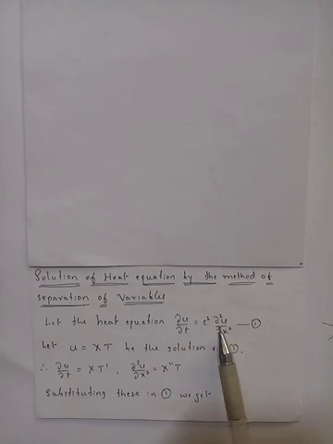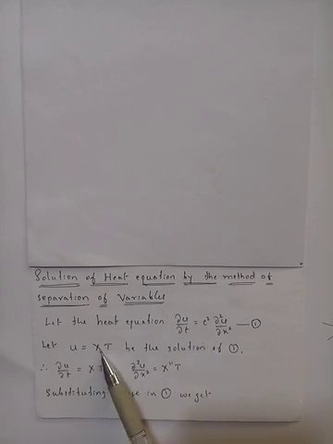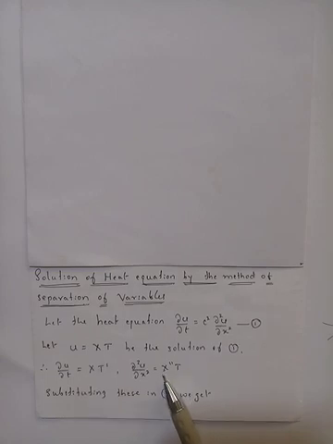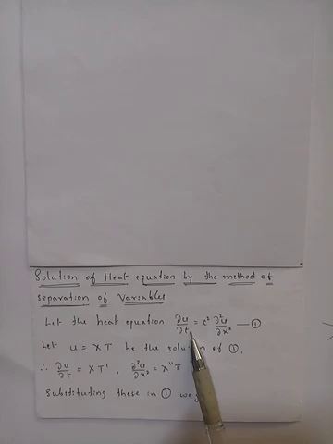Now we find the value of ∂²u/∂x². When we differentiate X two times, we get X double dash, that is ∂²X/∂x², which we represent as X'', and T is a constant. Now we are going to substitute these two values in the given heat equation.